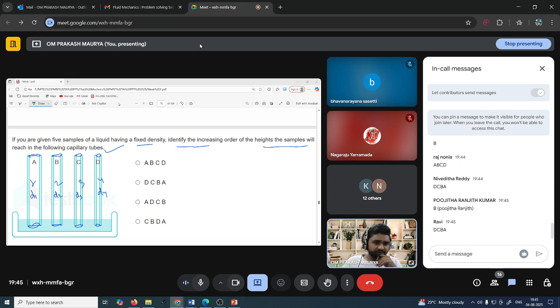Okay, option B. Uzita is telling option B. Ravi is telling D, C, B, A. All three students are telling B. The first is telling A, B, C, D. D, C, B, A: less area, more pressure.